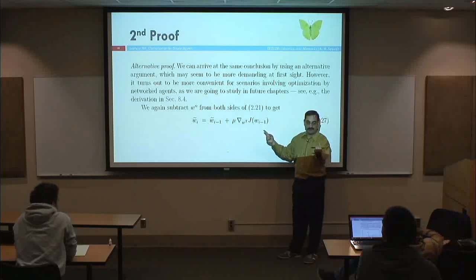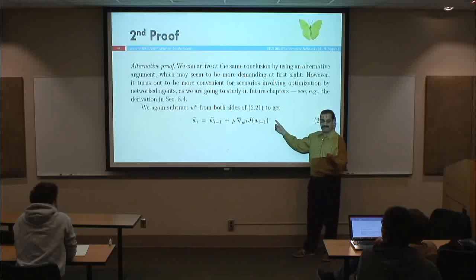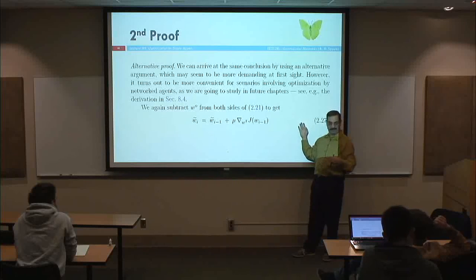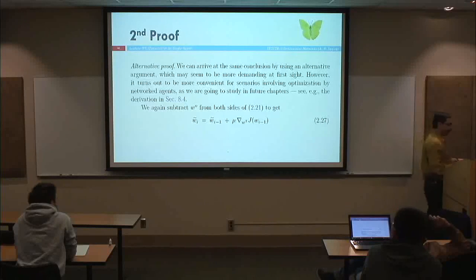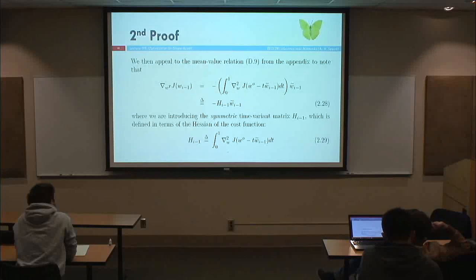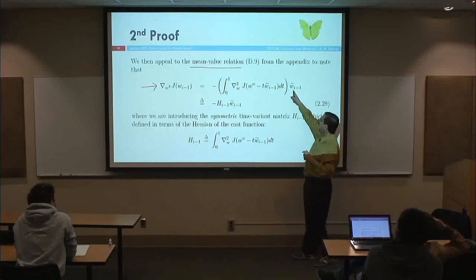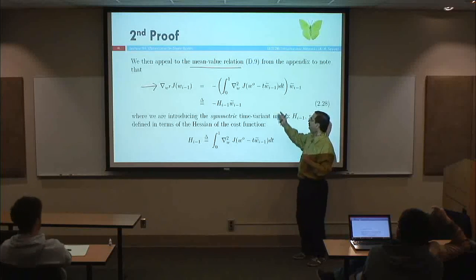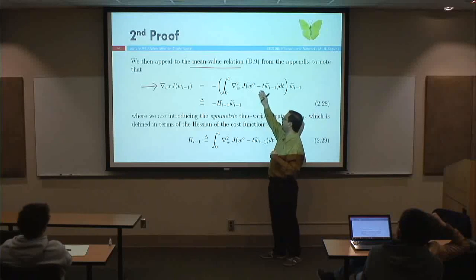Because the mean value theorem tells me this gradient minus the gradient at w^o, which is 0, is an integral that depends on the Hessian, right? Here it is. I applied the mean value theorem, right? You will have the W tilde, which is the difference between w_{i-1} and w^o, and the integral of a term that depends on the Hessian.